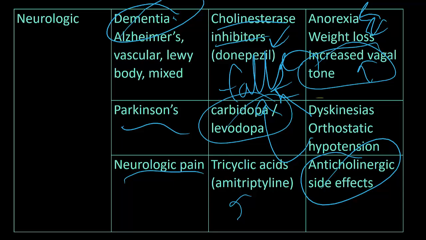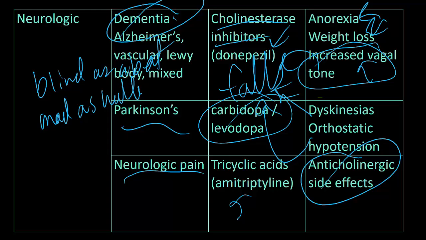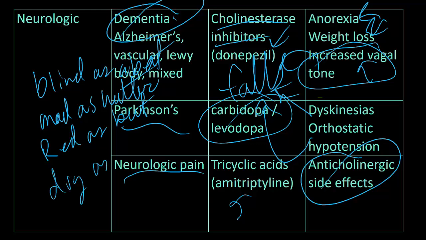And if you don't remember what these are, remember the little poem: Blind as a bat, for the eye problems; mad as a hatter, for the confusion it can cause; red as a beet, for the flushing; and dry as a bone, for the urinary retention. These too can cause falls. I'm not sure if you've noticed the theme here.